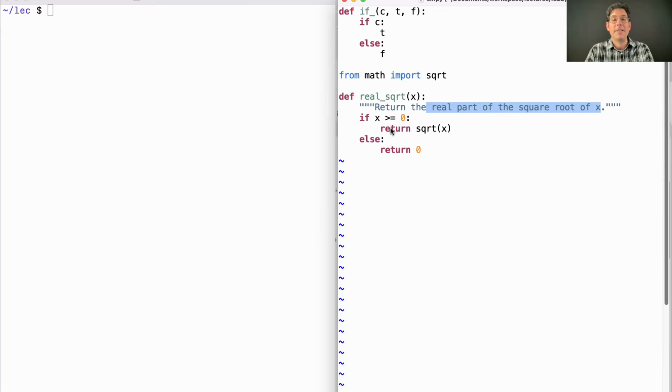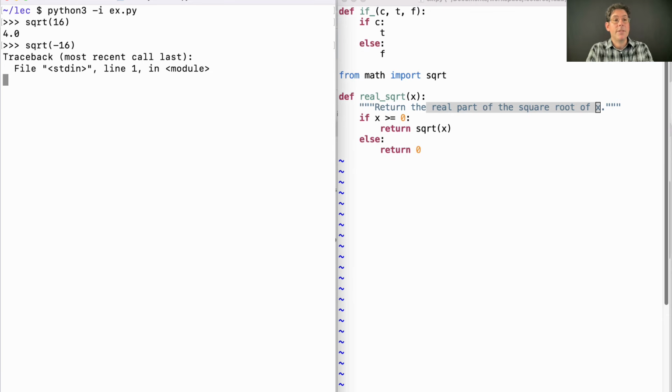So we write a simple function. If x is greater than or equal to 0, return the square root of x. Otherwise, we have a negative number. We're not going to call square root on x at all. Instead, we're just going to say that the real part is 0 because the whole square root is imaginary. So let's run this. And we're letting the built-in square root function tell us that the square root of 16 is 4.